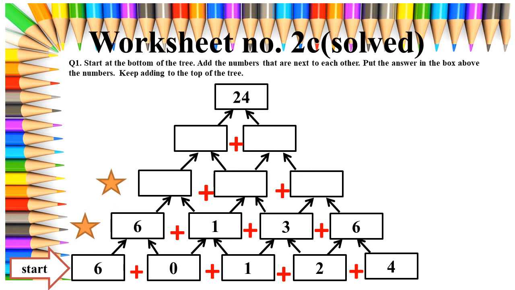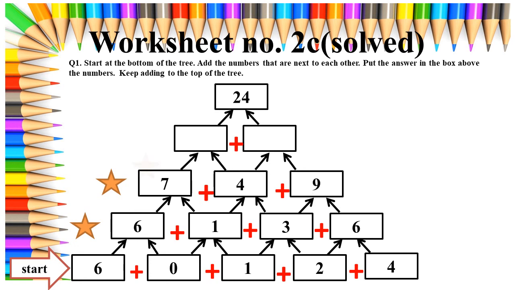6 plus 1 is equal to 7, and we are going to put 7 in the box above the numbers. Next numbers are 1 plus 3. 1 plus 3 is equal to 4, and put 4 in the box above the numbers. Next two numbers are 3 plus 6. 3 plus 6 is equal to 9.